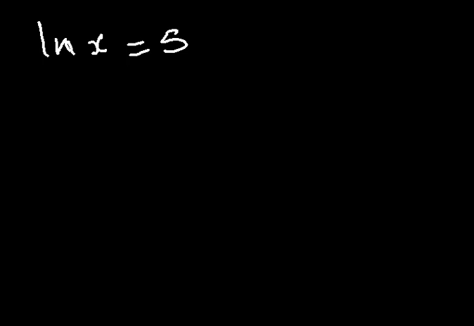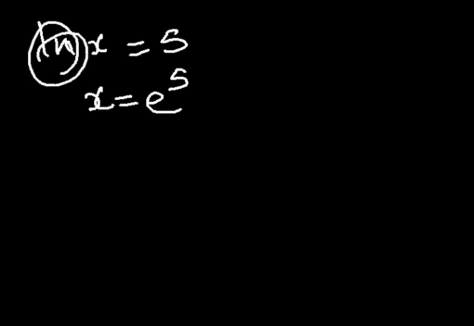The natural log is removed upon introducing e, and the 5 has to be the power of e. In this case we'll have x is equal to e to the power 5. So whenever we are removing the ln, we introduce e, and the other side will be the power of e.